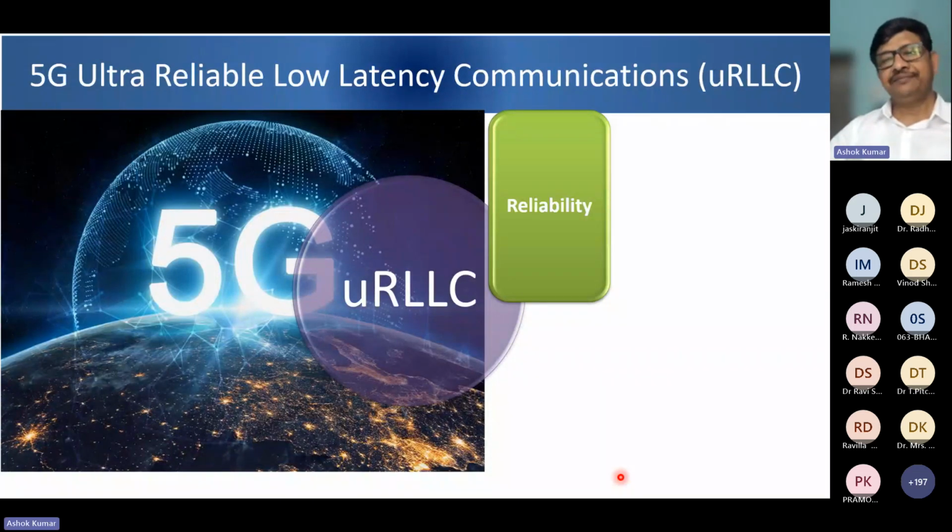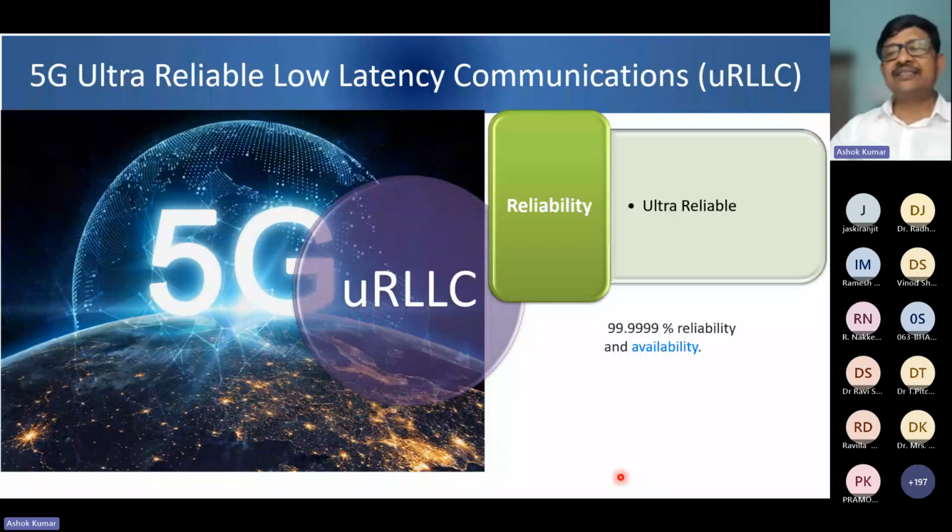What is it coming to? It comes to 99.9999%. So that kind of reliability is also called six-nines reliability, you might have heard. So six-nines reliability is what 5G should support in terms of the packet error rate.